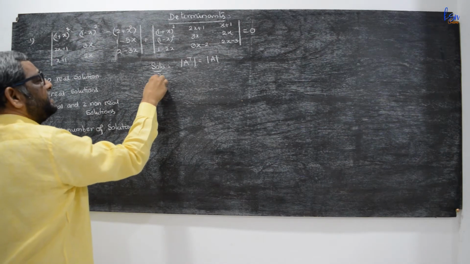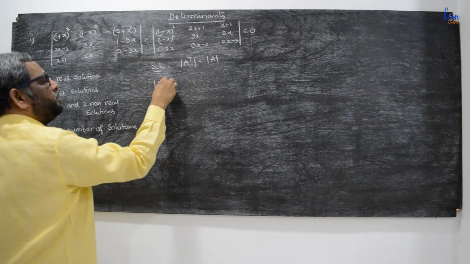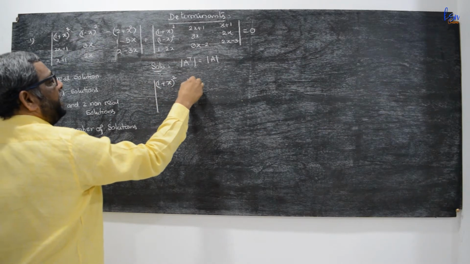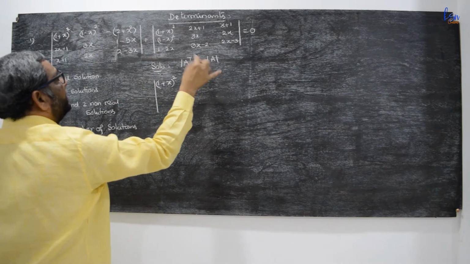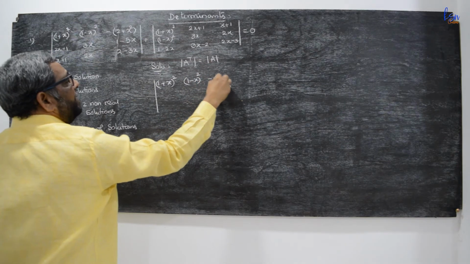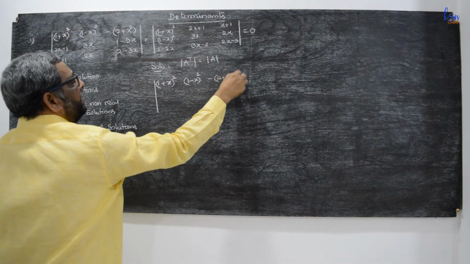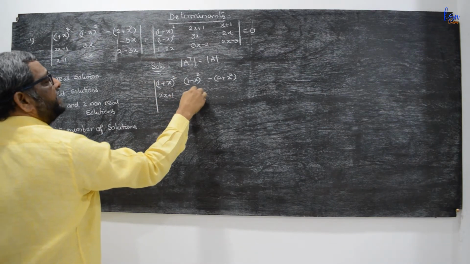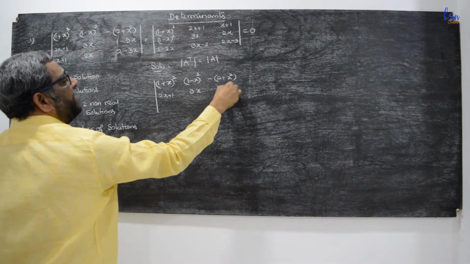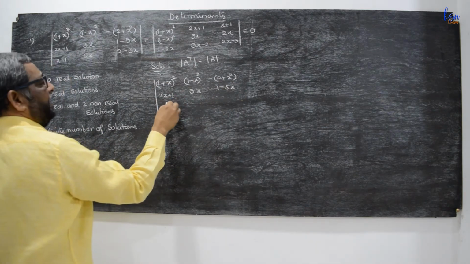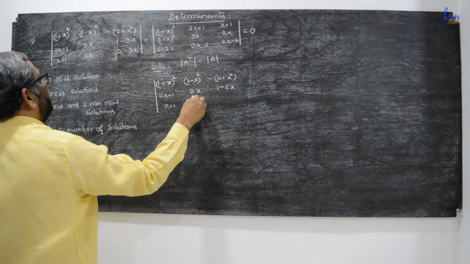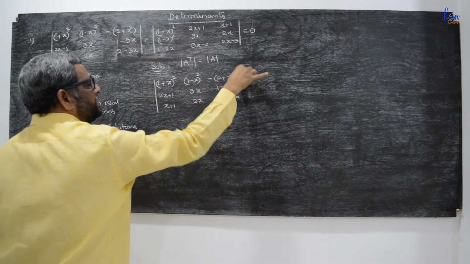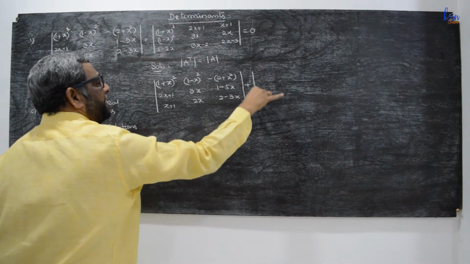Now I will write it as det 1 plus x whole square, 1 minus x whole square, minus of 2 plus x square, 2x plus 1, 3x, 1 minus 5x, x plus 1, 2x, 2 minus 3x, plus the transpose of the second determinant.